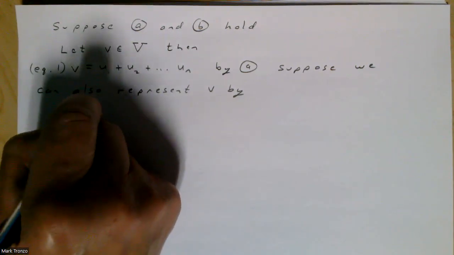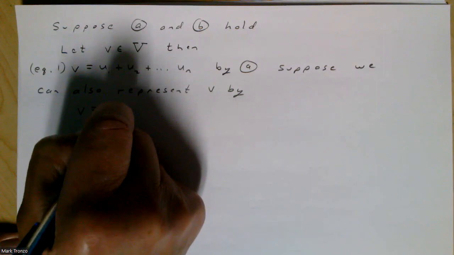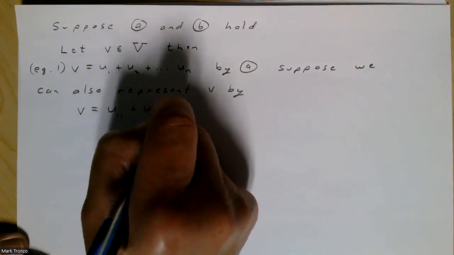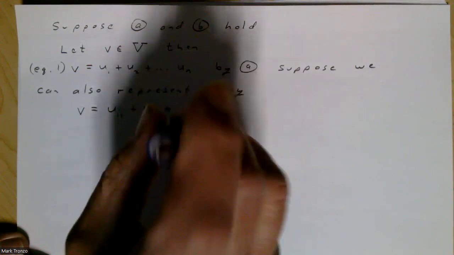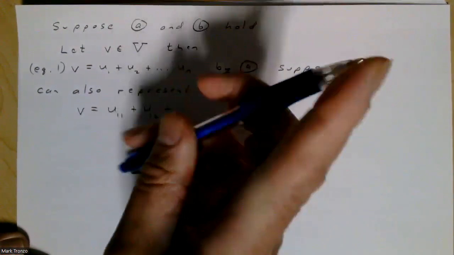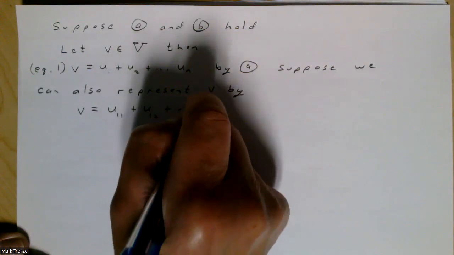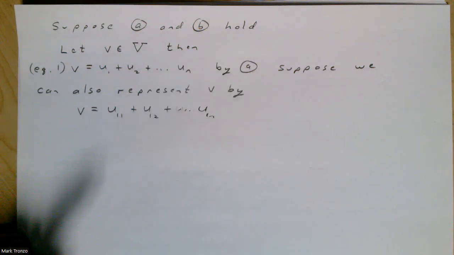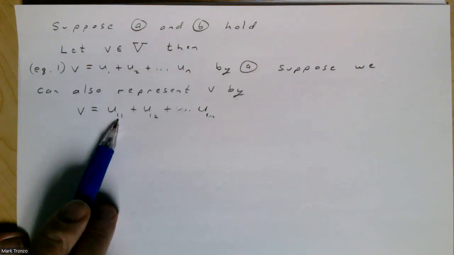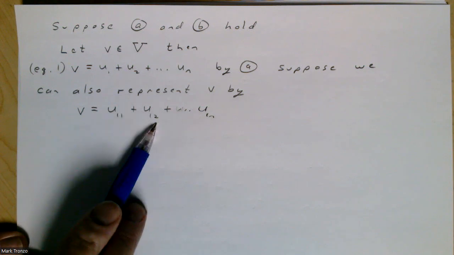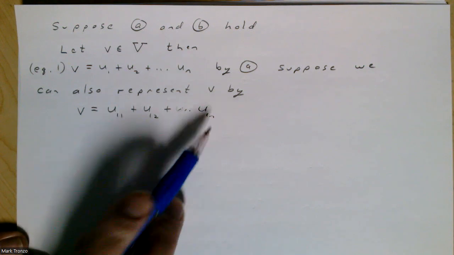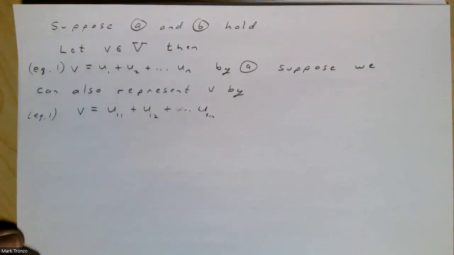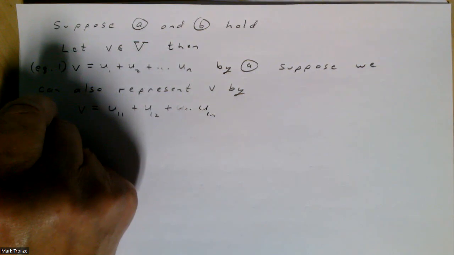So let me call this U11, U12, maybe U1N, just to represent them differently. Once again, where this is from subspace 1, this is from subspace 2, etc. Let me give this an equation number. Excuse me, equation 2.